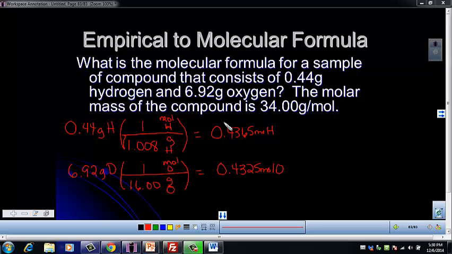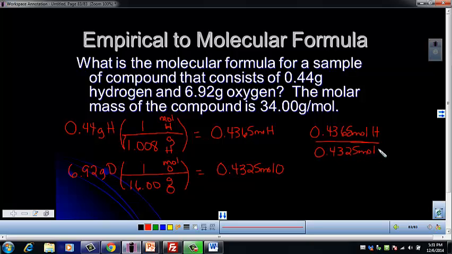All right, so we're going to divide by small. That's our smallest number of moles, so we're going to take our other number of moles and divide by that to get our ratio for our empirical formula. So dividing the moles of hydrogen by the moles of oxygen, I got 1.009, which is about 1.